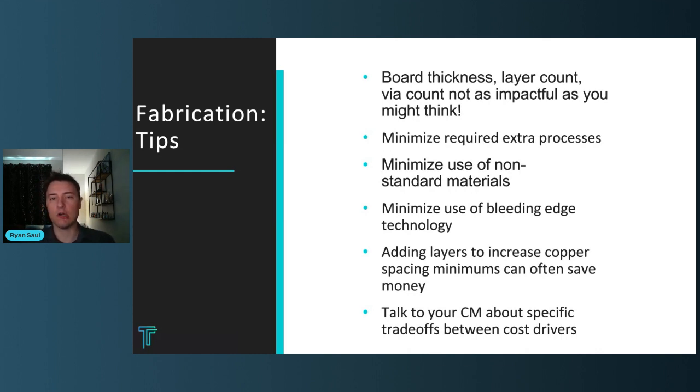Instead, work on minimizing required extra processes. So what's an extra process? An extra process would be epoxy filling your vias. Sometimes you need to do this, and this is going to be the case for all of these required processes, but epoxy filling your vias is an extra thing.